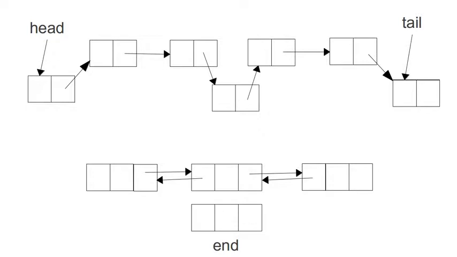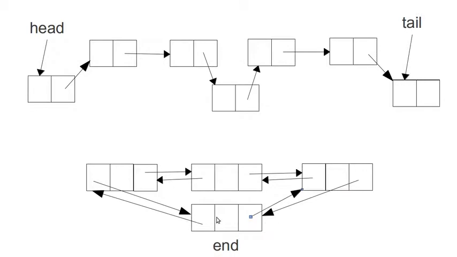I make this list circular, and I make it so that the first element points to end, and the last element points to end. So end is the previous of the head, and it's the next of the tail. And then, of course, to make my links complete, it points up to the first element, and it points to the last element.